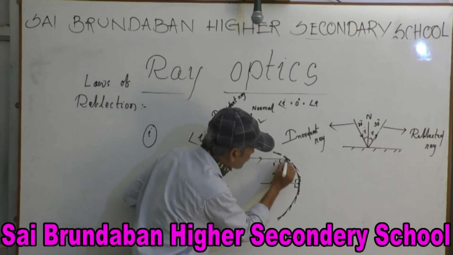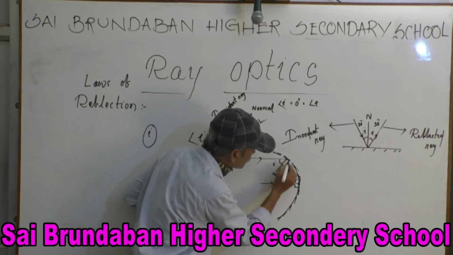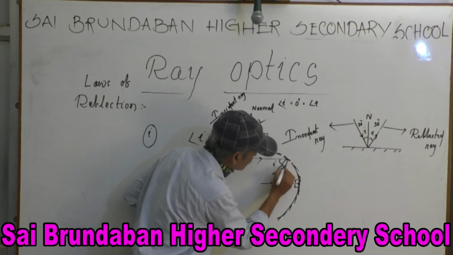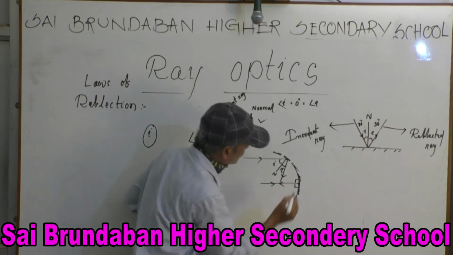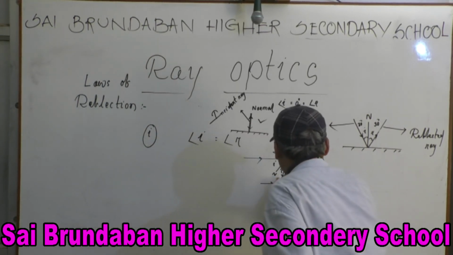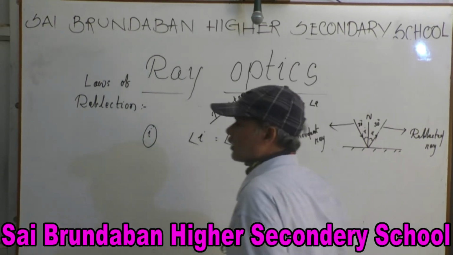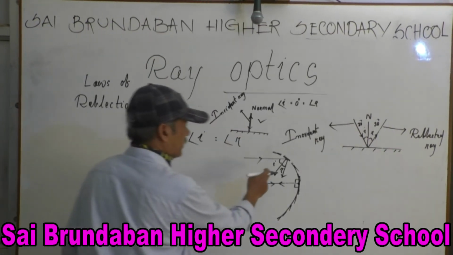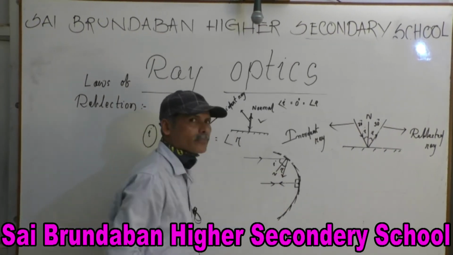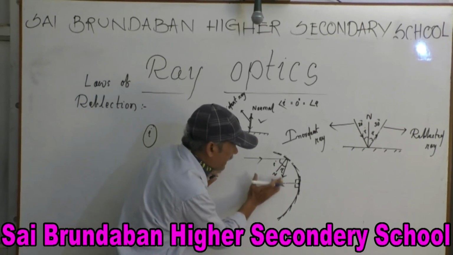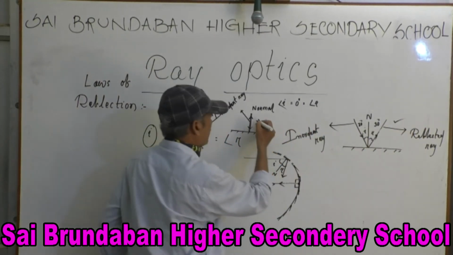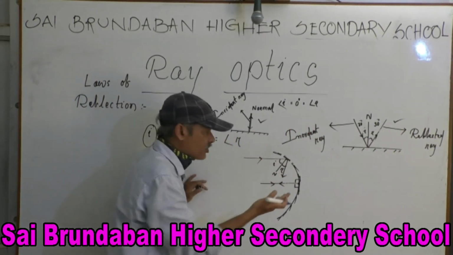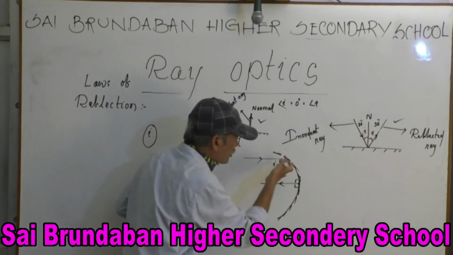So now you trace the reflected ray. So from the figure, both the cases are solved. This case and this case. First case is solved here. Second case is solved here.